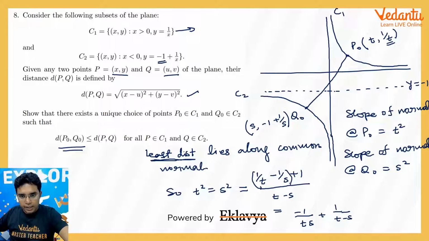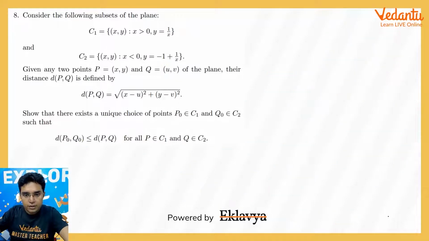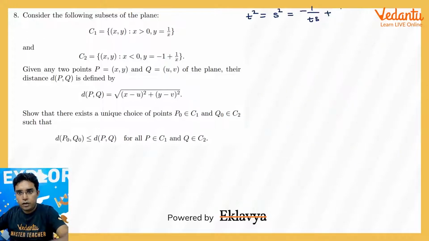For the first two terms, if I take the LCM, s minus t upon t s, t minus s will get cancelled, leaving minus 1 upon t s plus 1 upon t minus s. And here t square is equal to s square also. So let me write it once again: t square is equal to s square is equal to minus 1 upon t s plus 1 upon t minus s.